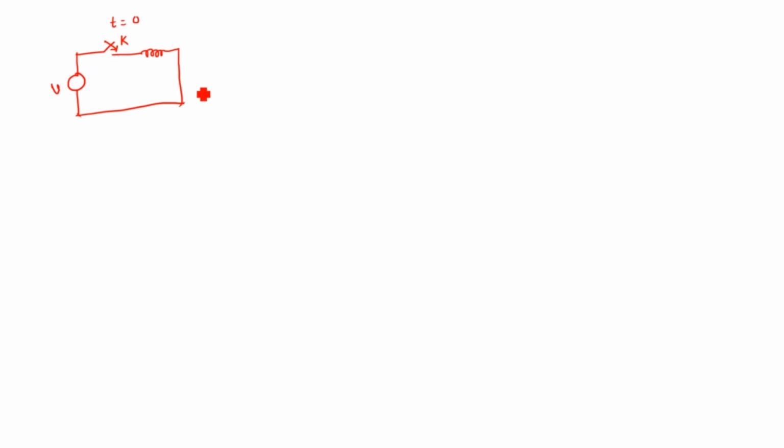All right. So what we have discussed: before switching, if the current through an inductor is 0, then it can be represented with an open circuit.